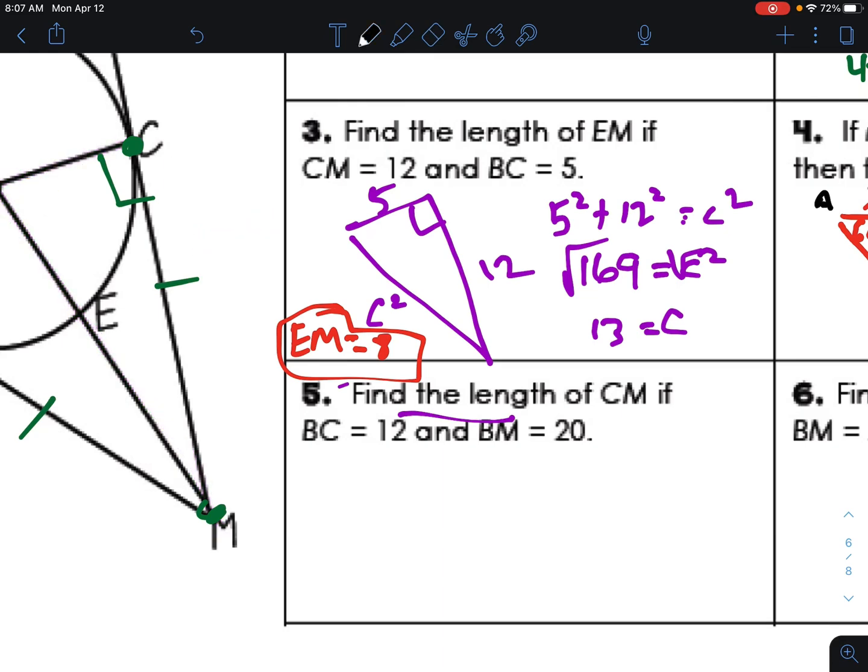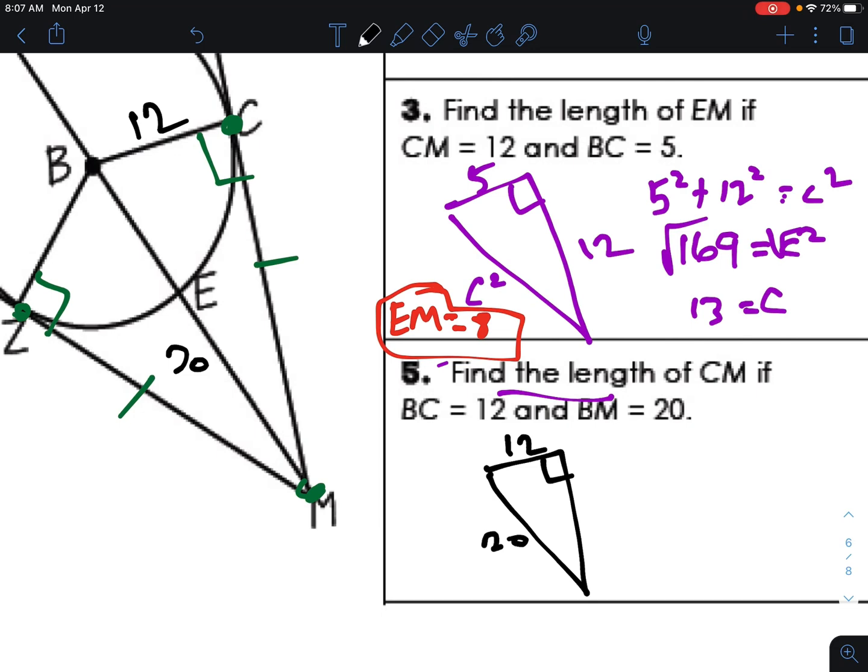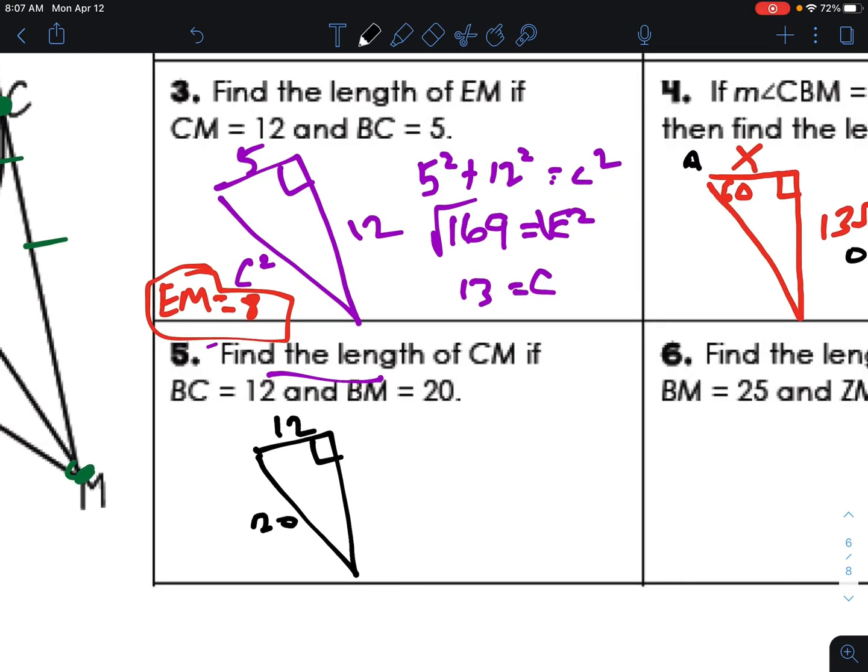If BC is 12, BM is 20. Right? So if I draw my right triangle again, BC is 12, BM is 20. Well, this time I'm giving you the hypotenuse, so we'll go 12 squared plus b squared equals 20 squared. And then subtract 144 from both sides.